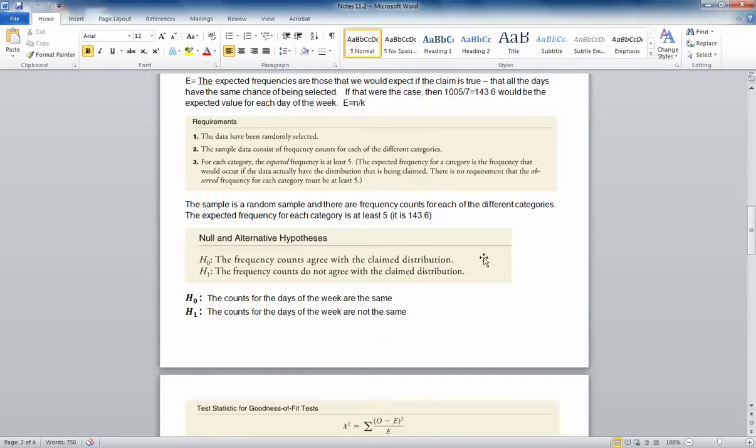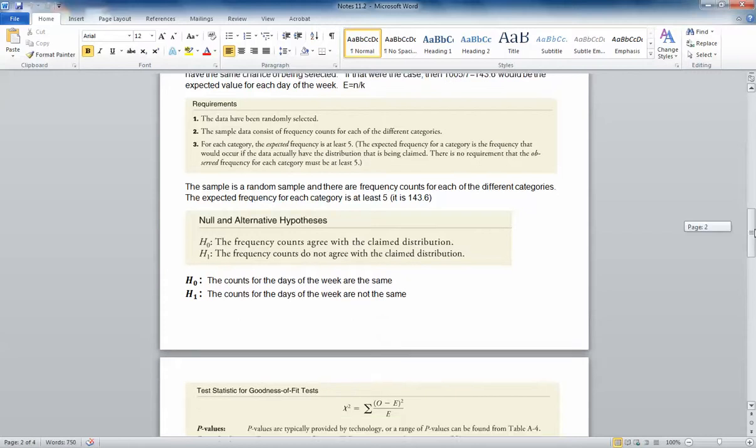Null and alternative hypothesis in this case. The null is that the frequency counts agree with the claimed distribution. So for us, that would be the counts for the days of the week are the same or uniform. The alternative hypothesis is frequency counts do not agree with the claimed distribution. So for this, the counts of the days of the week are not the same.